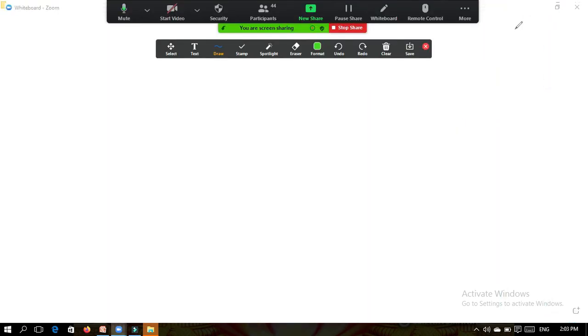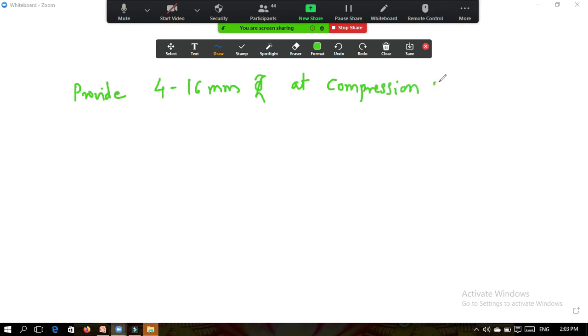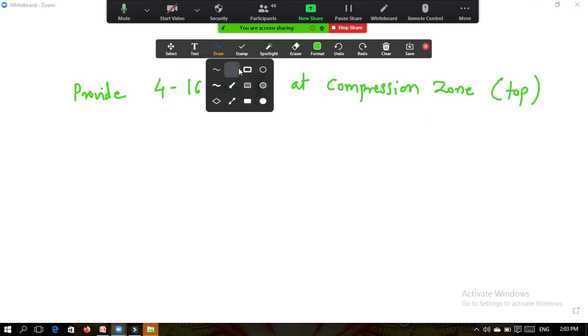So we have got 4 bars. Here we can write: provide 4 bars of 16 mm diameter at the compression zone, or at top.